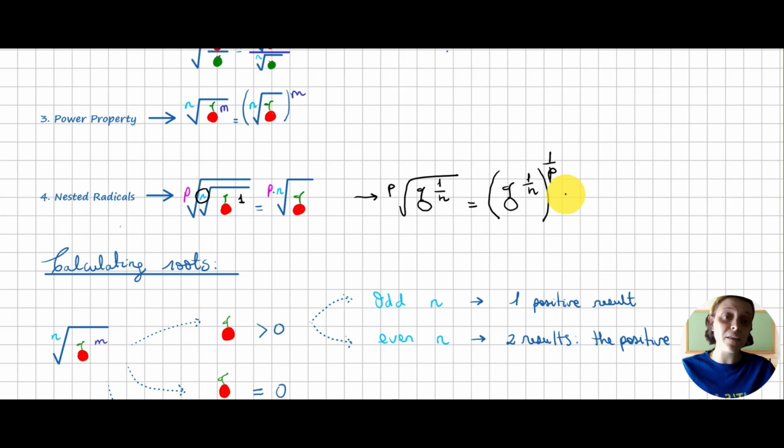If we multiply these two, we get 1 over n times 1 over p. And we end up getting this, that if we rewrite as a root, this whole thing would be the index.